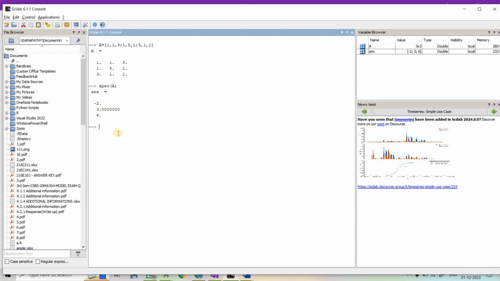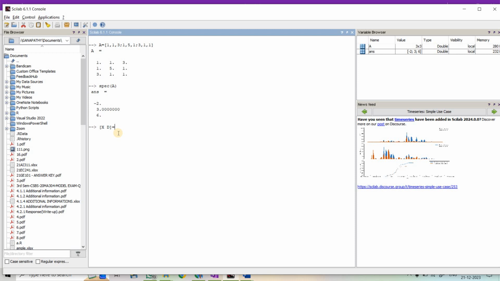Next, I want to find the diagonal matrix and eigenvector. That's why I am going to type square bracket x space d, where x denotes the eigenvector matrix, that is the modal matrix, and d denotes the diagonal matrix. That too I need.